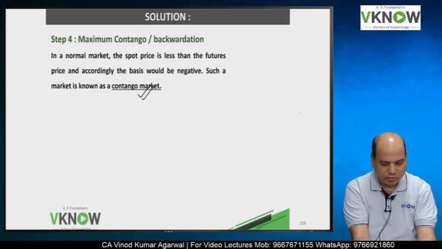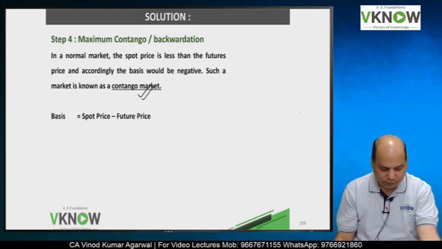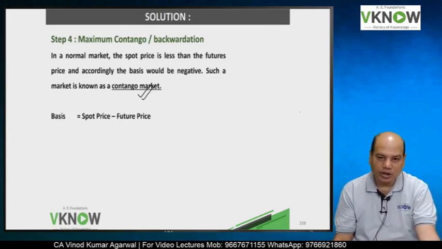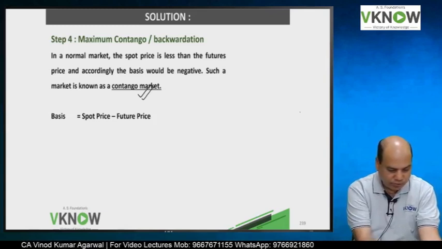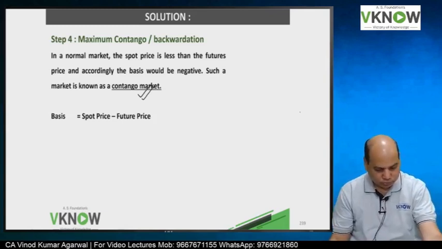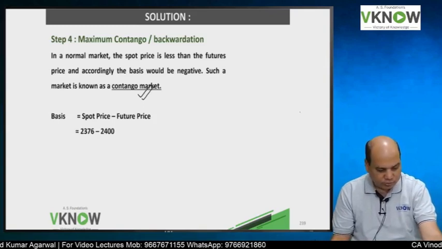Basis is negative means spot price minus future price is called basis, and if it is negative we will call it a contango market, meaning spot price is less than future price. Now write down the next line.